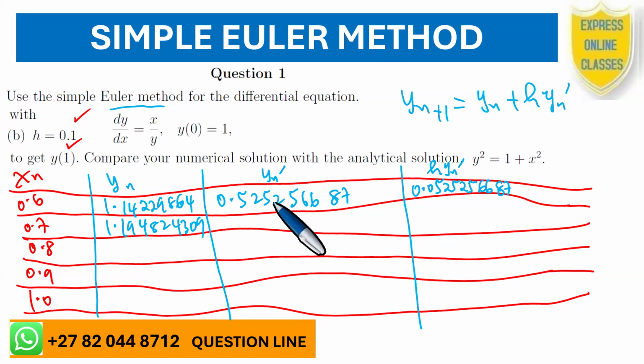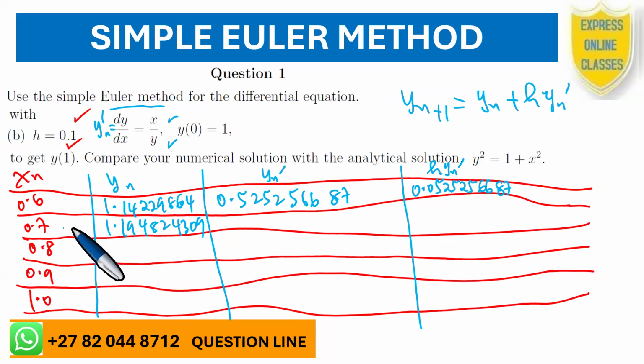Okay, then we're going to have the prime. This is y primed. So the prime becomes the following. How do you get yn primed in the table? You divide x by y, because this one is the yn prime, so divide x by y.